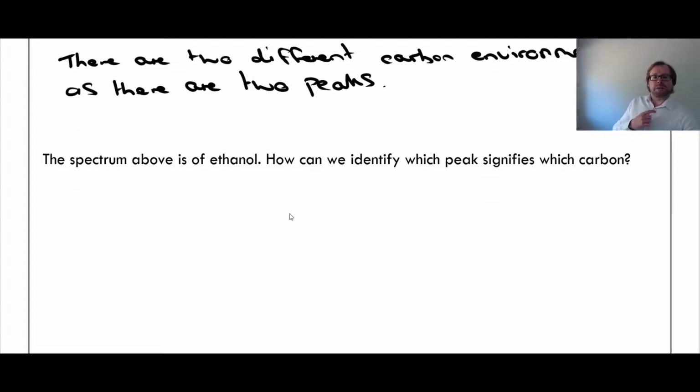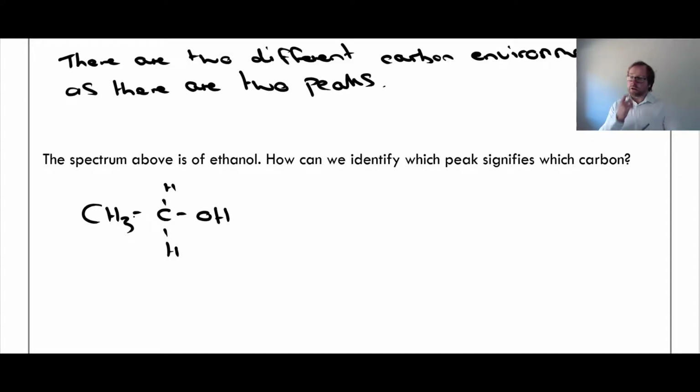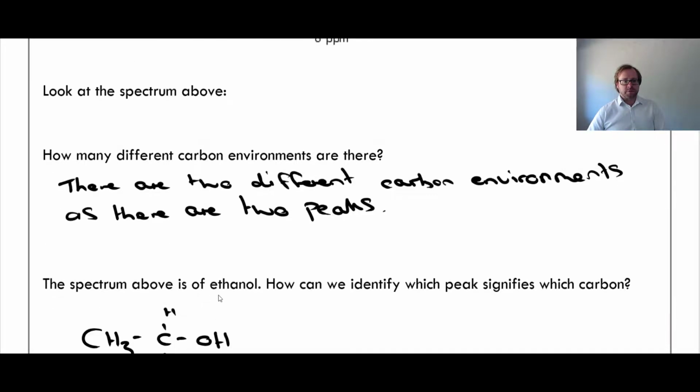How can we identify which peak signifies which carbon? So I know that the formula for ethanol is CH3CH2OH. I'll give you a minute to think about it. You may want to refer to your chemical shift table.